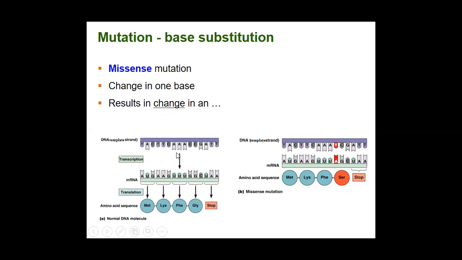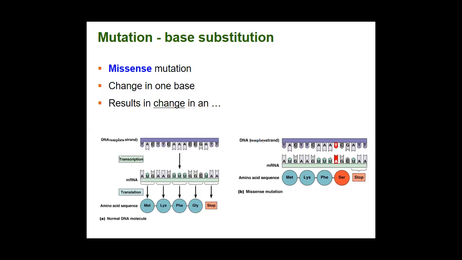Instead of being, what's the codon here? GGC maybe? Yeah, GGC, and it's changed to AGC. This is a missense because you code another amino acid here. And so there will be one amino acid change in the protein.